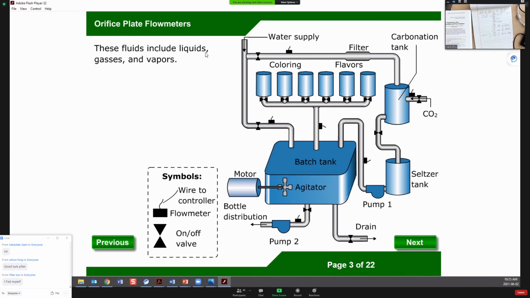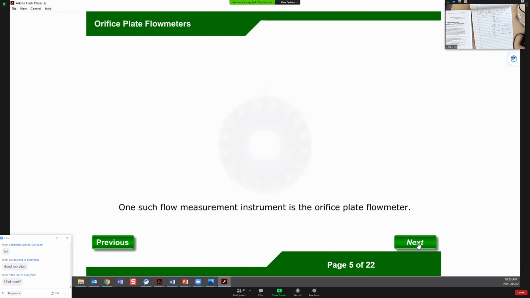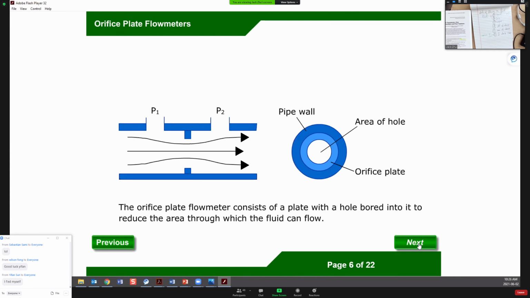The fluids include liquid, gas, and vapor. An instrument designed to measure the flow of fluid, providing information about the system. Orifice plate flow meter: a plate with a hole in the center to reduce the area through which the flow can flow. So at the center part only, you block the flow down there.